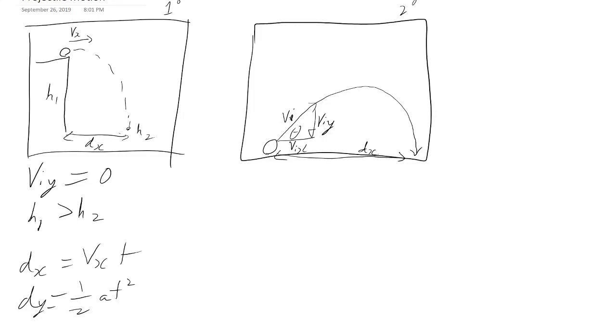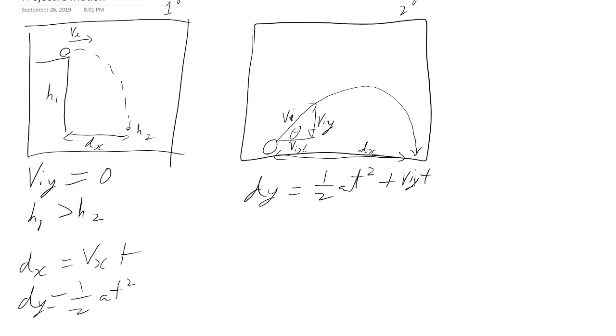So the way to solve this one is significantly harder than the last one. For this you have to use dy equals 1 over 2 at squared plus VIYT.